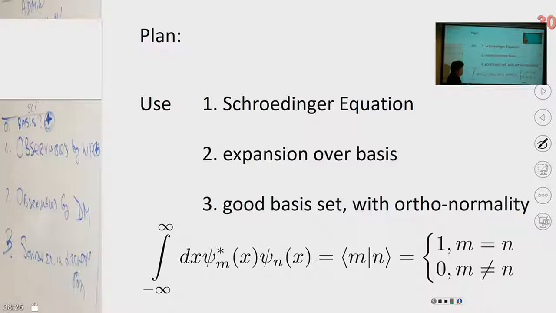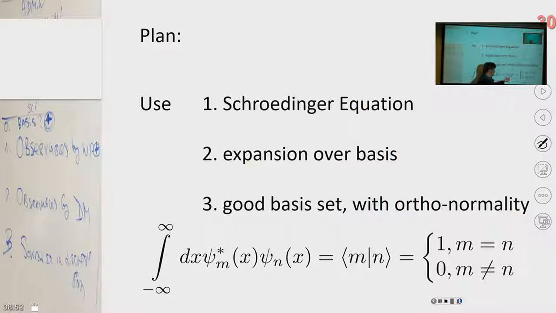So we are going to merge together time-dependent Schrödinger equation, concept of expansion and expansion coefficients. And we will keep in mind that wave eigenstates, or even not eigenstates, just basis functions that we use obey not only orthogonality but orthonormality.